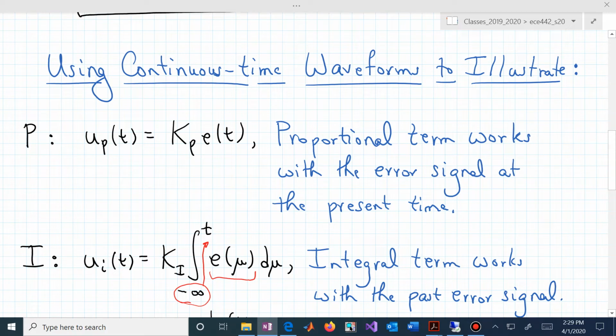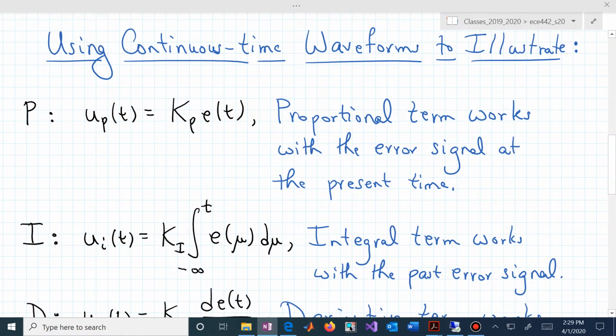We're integrating that entire error signal, and weighting that by another gain factor, K sub I, and that then produces the integral term in our PID controller. If the proportional term deals with the present time, the integral term deals with the past error signal. And that's represented by going from minus infinity, integrating all the way up to t, the present time.